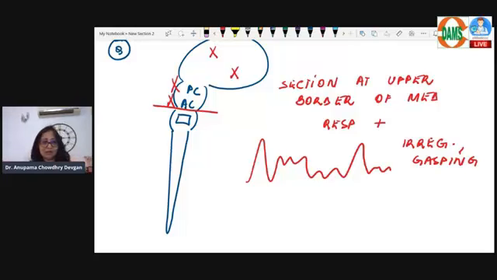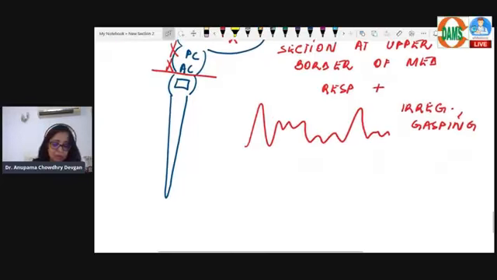Everybody is sitting in the classroom, but if the teacher is not there, everybody starts behaving erratically, present in the class but with erratic behavior. So this is erratic behavior because no superior control is present. Have you understood? No superior is present, so it's erratic behavior, erratic respiration, right? Irregular and gasping type of respiration.